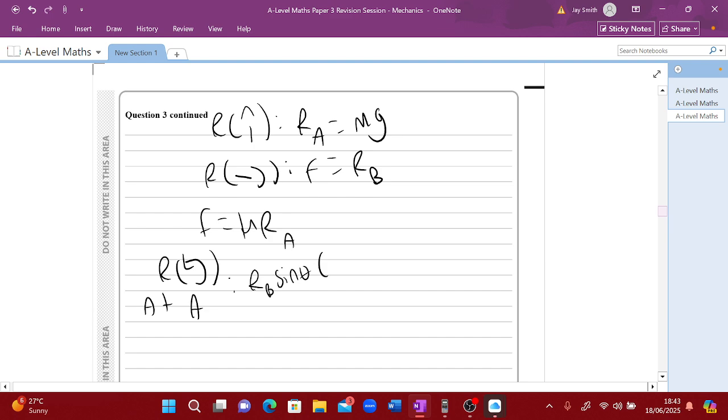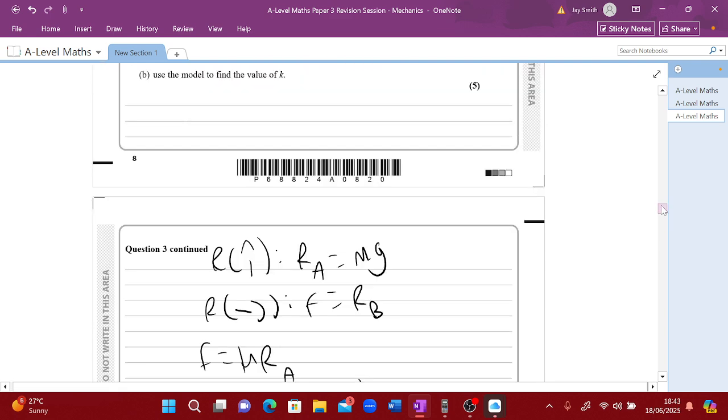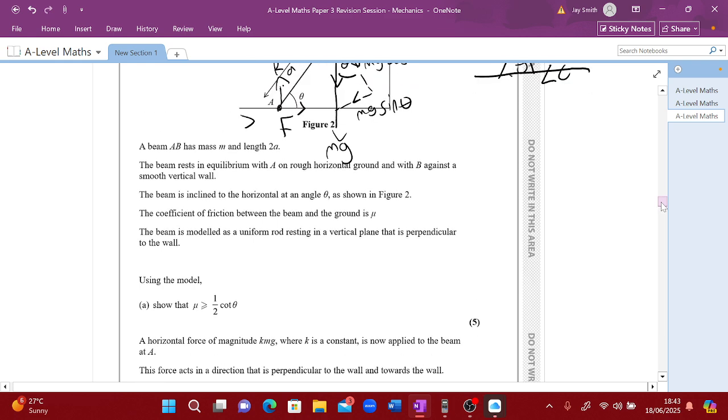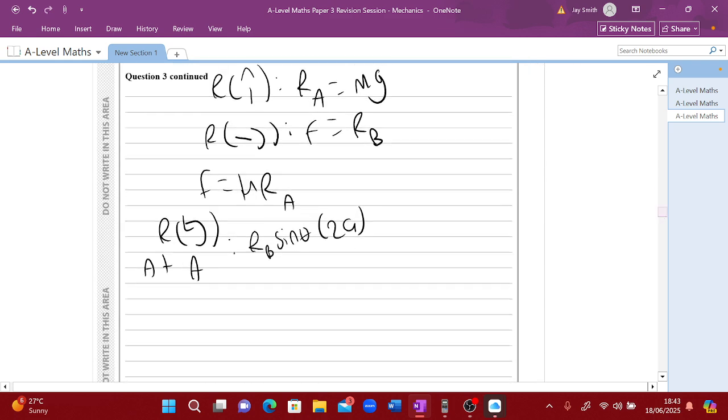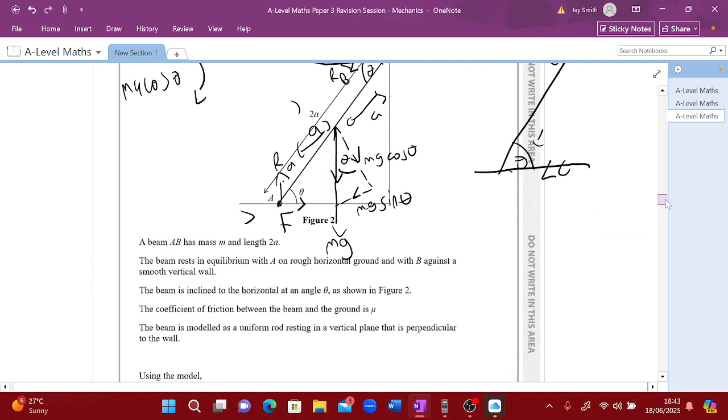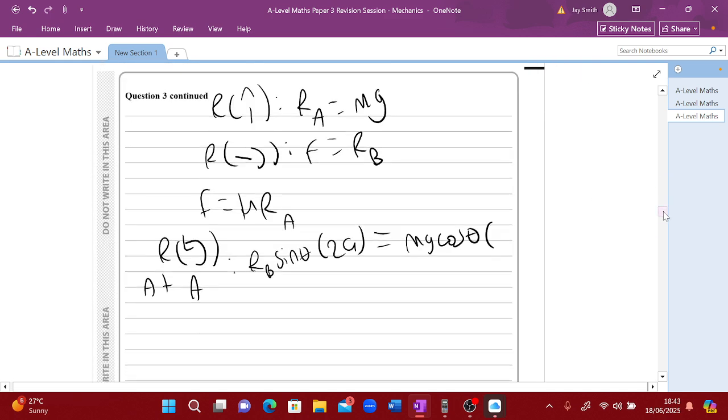But I also want the distance. The distance from A was 2a; AB is the length of 2a. Because it's in equilibrium, the moment will equal the weight component, mg cos theta, the perpendicular component of the weight to the line. And that's halfway, so it's just a.